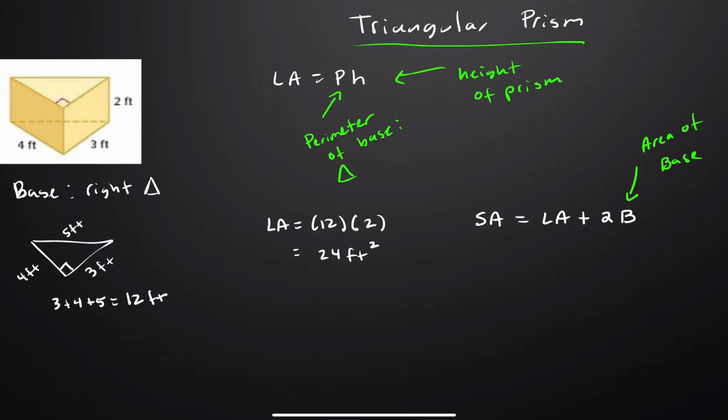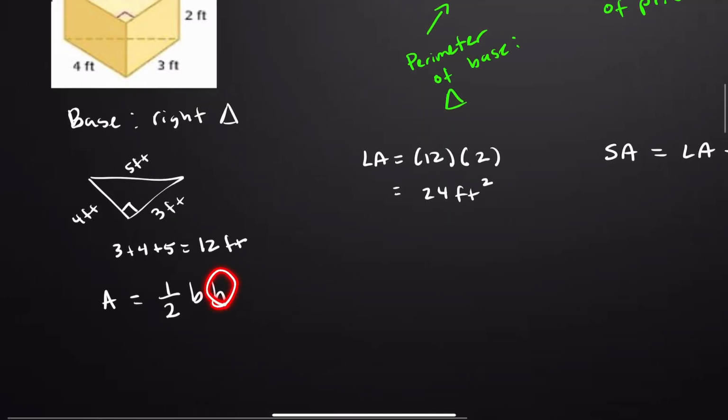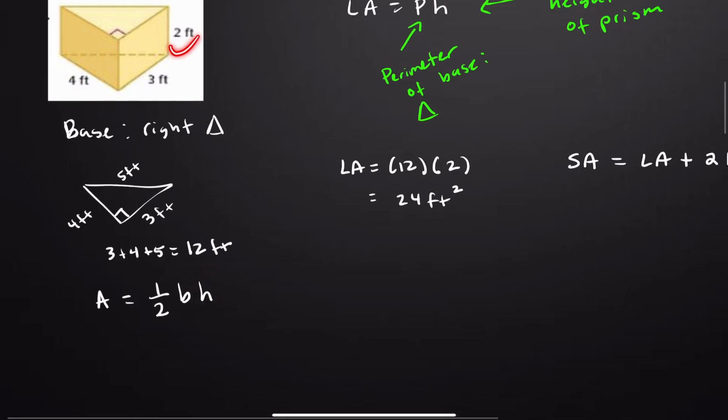Super important. So the base of the figure is a right triangle, and I'm trying to find the area of this right triangle. Right, so what's the area formula? Well, it's A equals 1/2 base times the height. Now, not to confuse you, this H here is not the height of the prism. I'm talking about the height of this triangle that is our base, right?